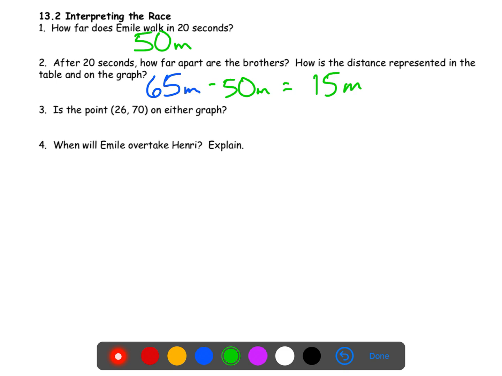We could see that in the table too, or in the graph also, but I think the table is a good way to represent that. The question asks, is the point 26, 70 on either graph? Well, we could look at the graph and see that at 26 seconds, there is no distance that would be at that point. So the answer to that would be no.